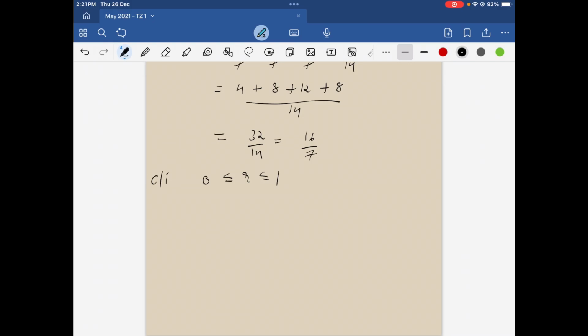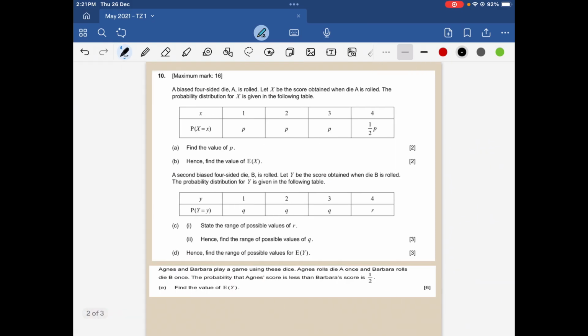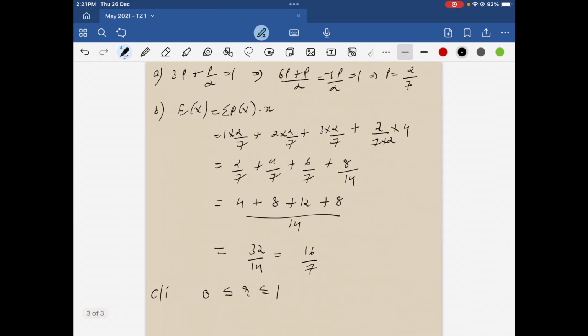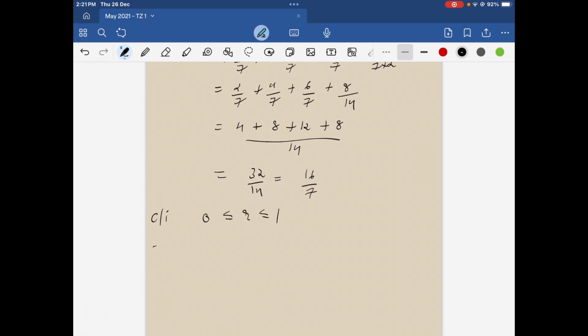Second part is just a small 1 or 2 marker. Hence find the range of possible values of Q. Now if R is 0, my Q should be equal to 1 by 3, and if R is 1, Q should be equal to 0.